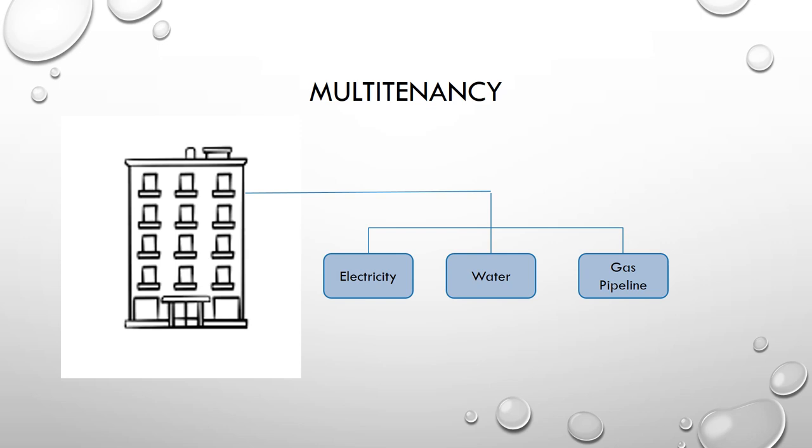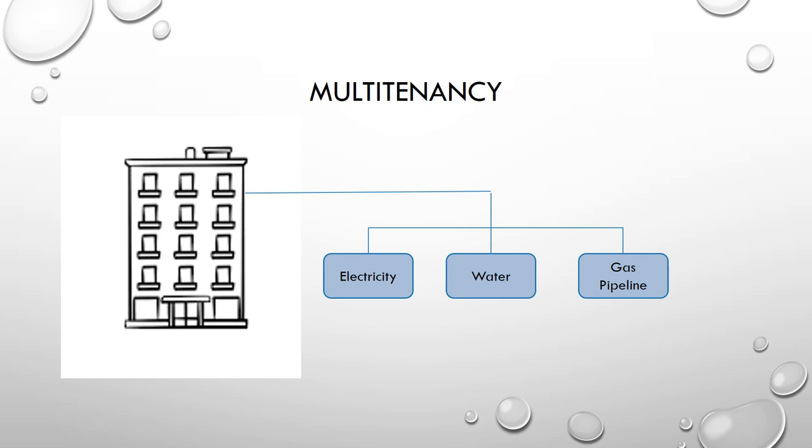The easiest way to understand multi-tenancy is by the overused and yet extremely powerful and cliched example of an apartment building. The way an apartment building can have multiple tenants living on different floors, isolated from each other, while still utilizing the common infrastructure and some common features like electricity, water, and gas pipeline.